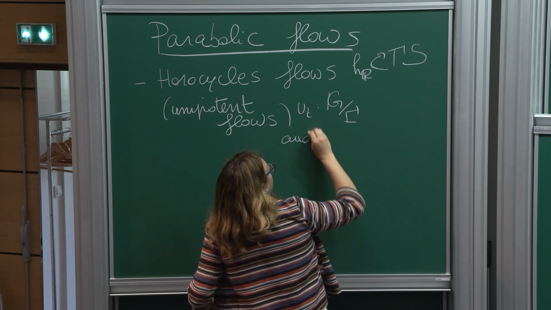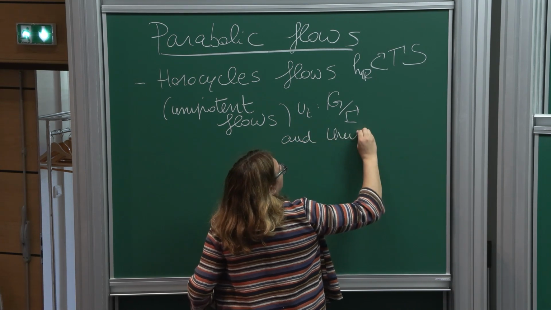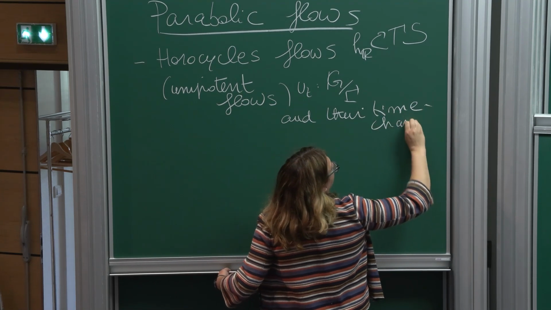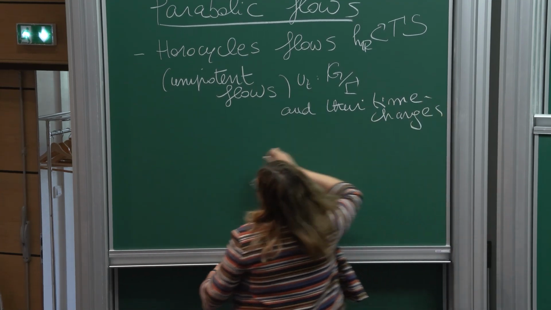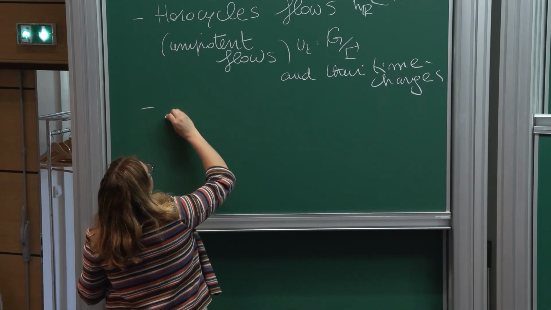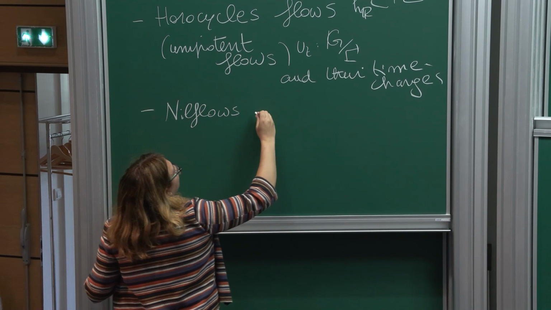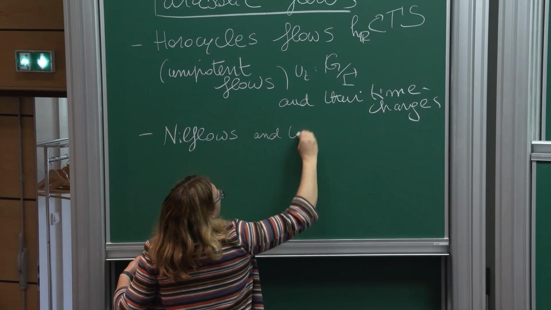And it's very important, as we saw last time, to consider time changes because they give many more examples of parabolic flows. And then we saw nil flows on nil manifolds and their time changes.